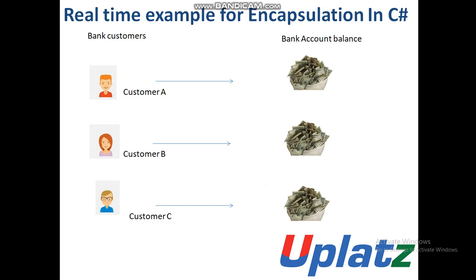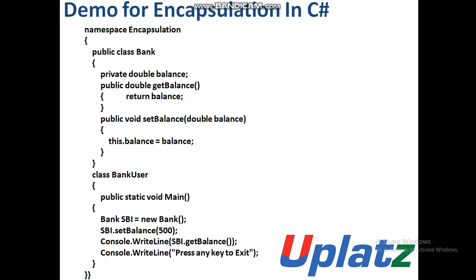I will explain the same scenario using some programming concepts. A namespace called encapsulation is created, and a class is created with the name Bank. Here, as I explained, balance is private and of double data type. Why is it private?